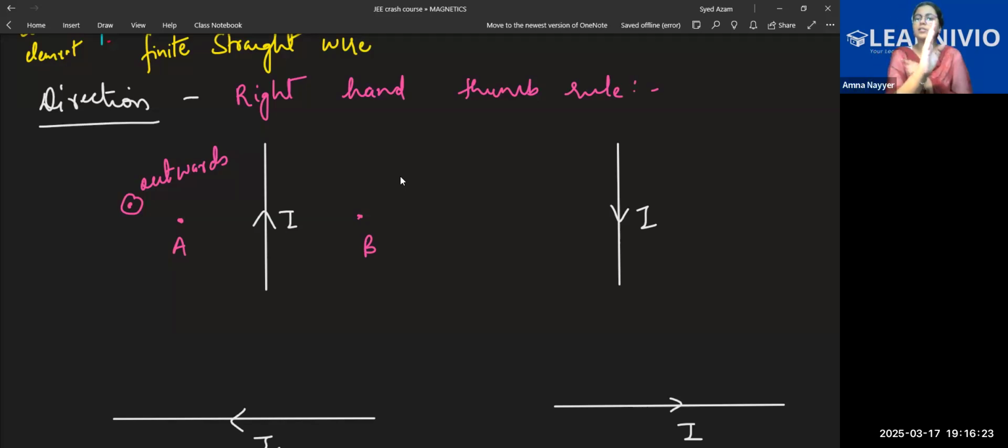Now, the point is located on the right side this time. So if I keep my hand like this, it won't curl towards it, right? If I keep my hand like this, it will curl towards me. My point is here, so I have to curl my fingers towards the point. See, the thumb is pointing inwards, into the page.